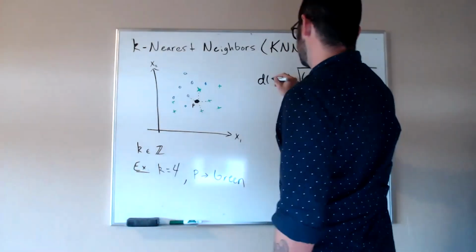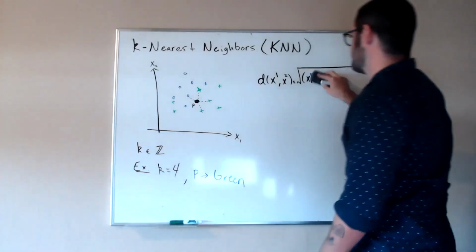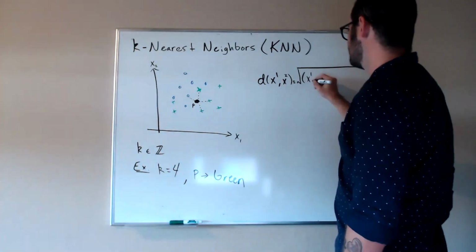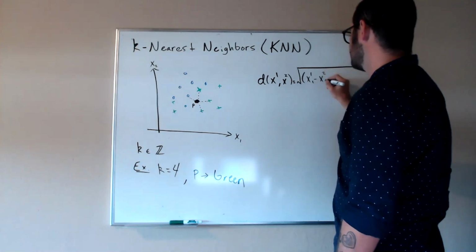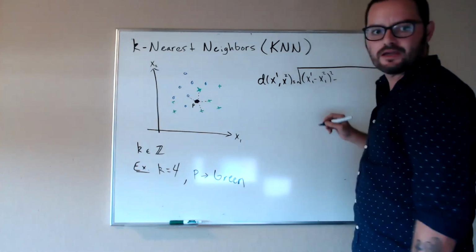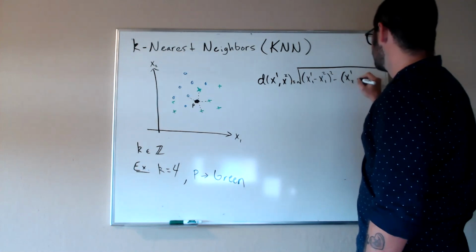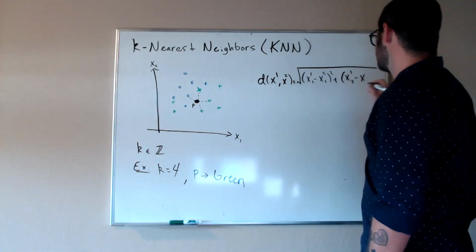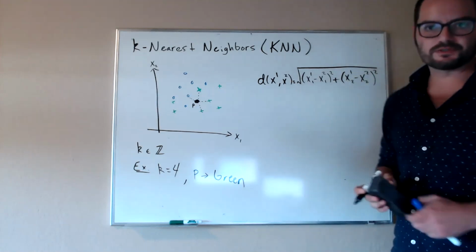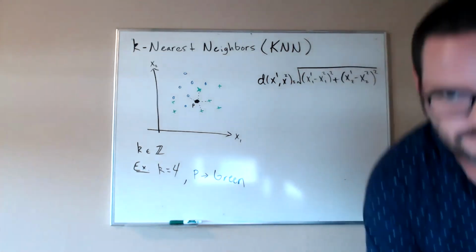So suppose we have two points x1 and x2. Then it'd be x11 minus x21 squared, plus x12 minus x22 squared. So it's just the standard distance formula that you would learn in a college algebra class.